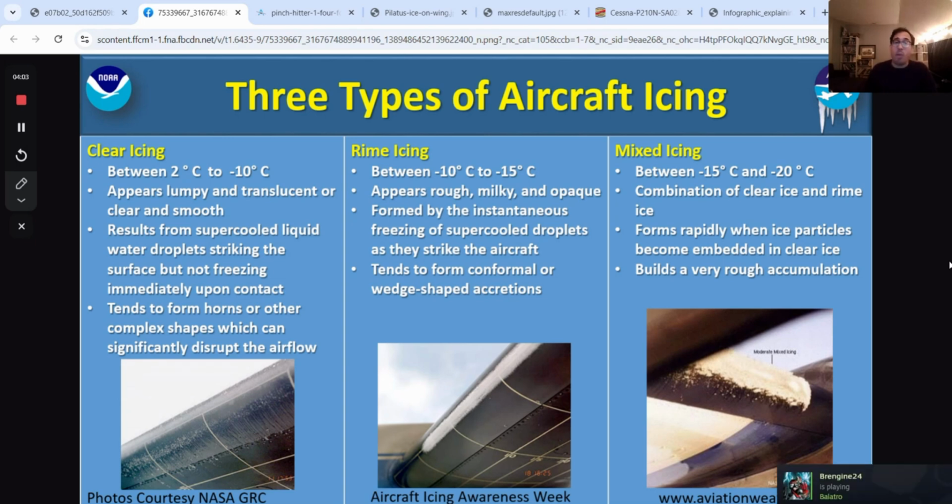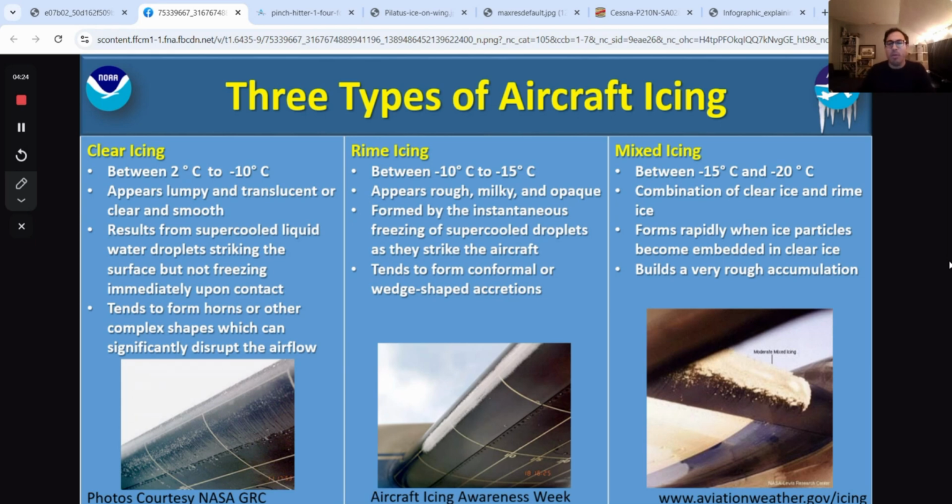The next one is rime ice, and that forms between negative 10 and negative 15 degrees Celsius. And that's a little bit more rough. It's opaque. Think of a snowball, if you will, or like fresh snowfall on a railing or on stairs outside or on your car.